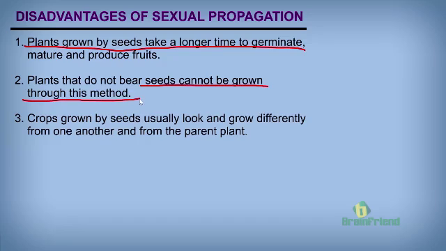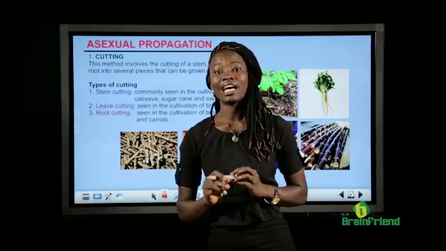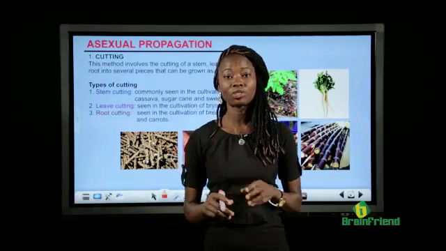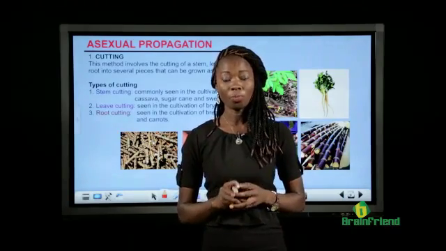And lastly, the crops that are grown by sexual propagation look different from one another and from the parent plant. They look different in the way they grow or in the way they appear physically. Those are the advantages and disadvantages of sexual propagation.